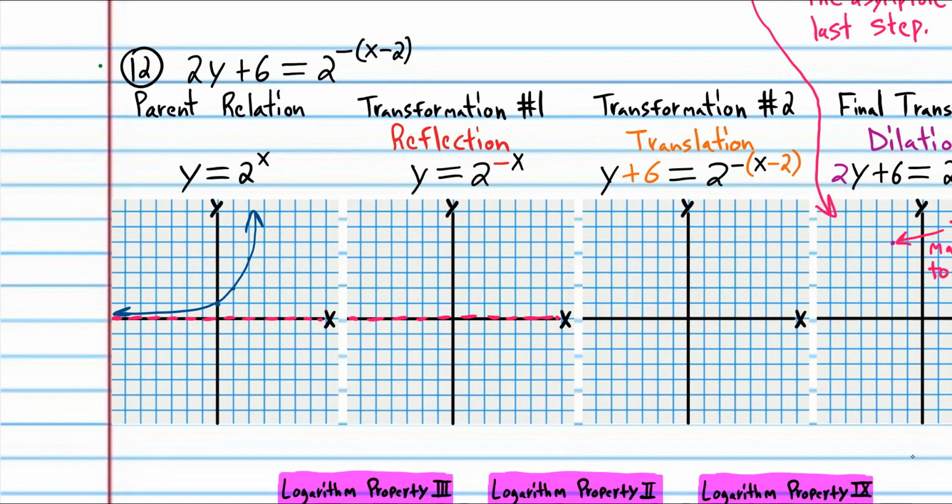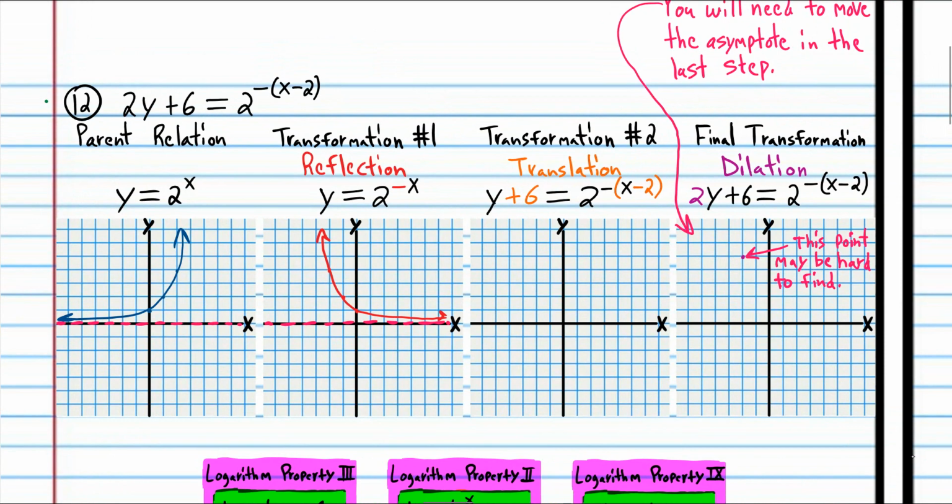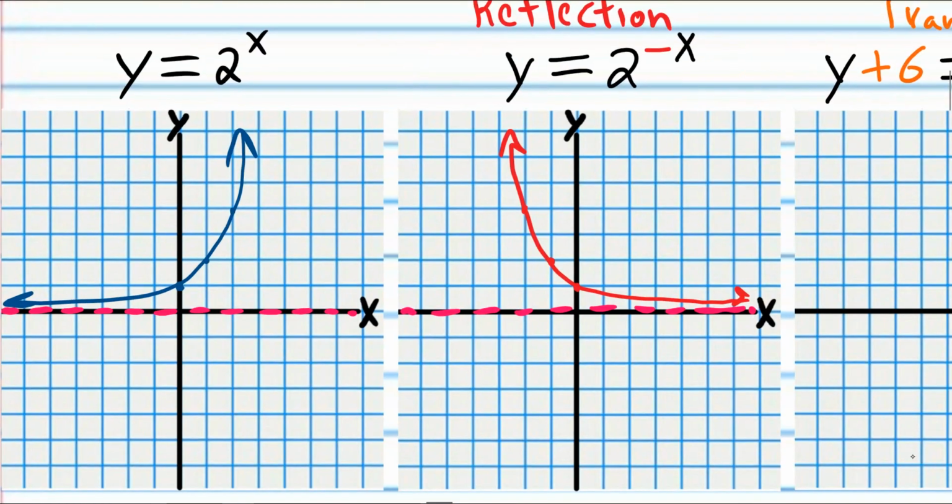I'm going to reflect all those points across the y-axis and connect the dots, and there we go. So again, you just take a point, figure out the distance from the y-axis, and go that same distance across the other side. That gives us each point.